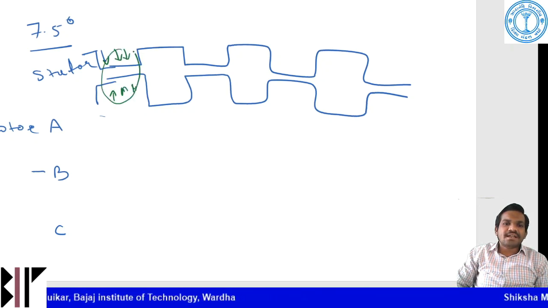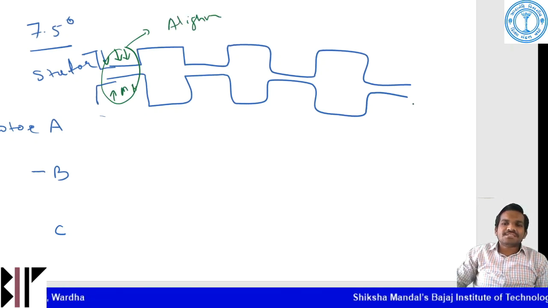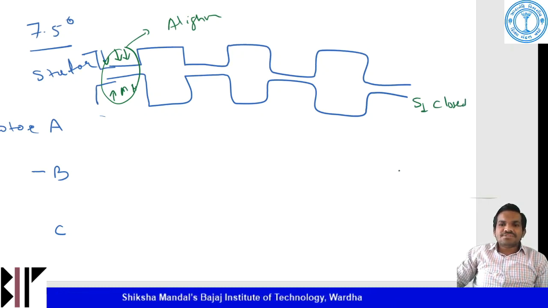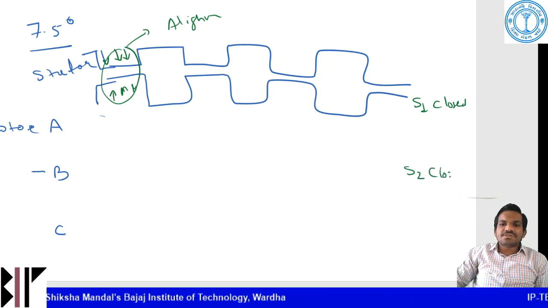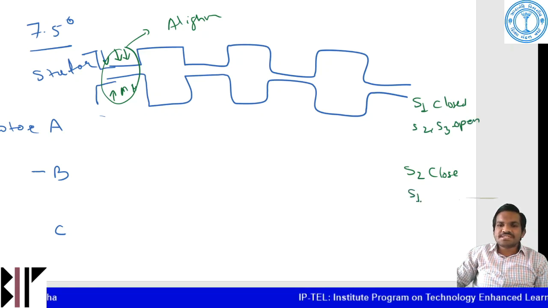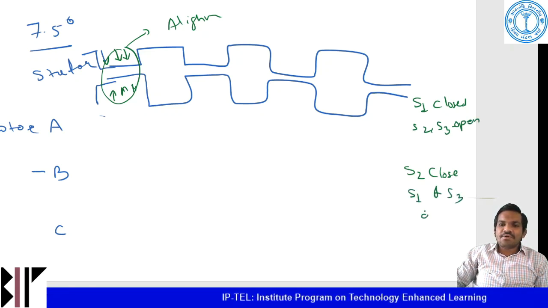This condition is called aligned, when S1 is closed, at 7.5 degree. Here S1 is closed means S2 and S3 are open. S2 is closed means S1 and S3 are open.